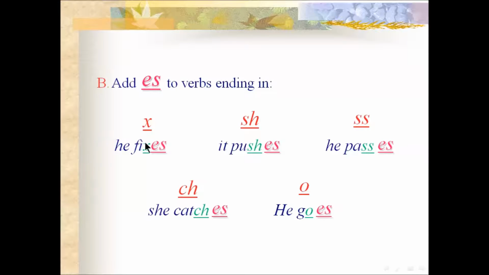Okay, go on. He fixes, it pushes, he passes, she catches, and he goes. Can you find more examples? For example, do, when you use the pronoun she, it becomes she does. Watch, for example, he watches. Yeah, the verb ending in ch.